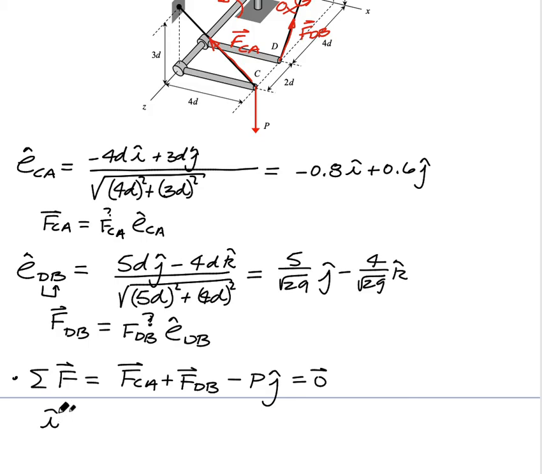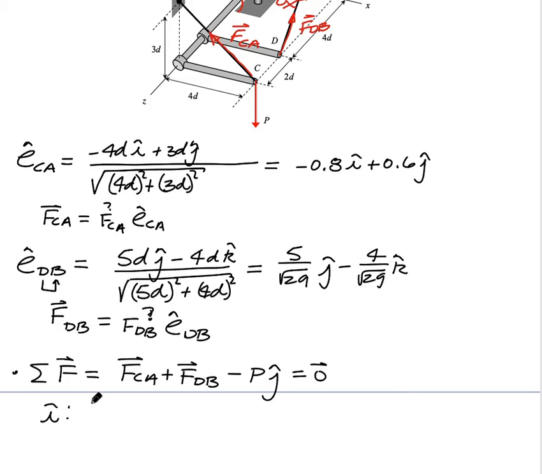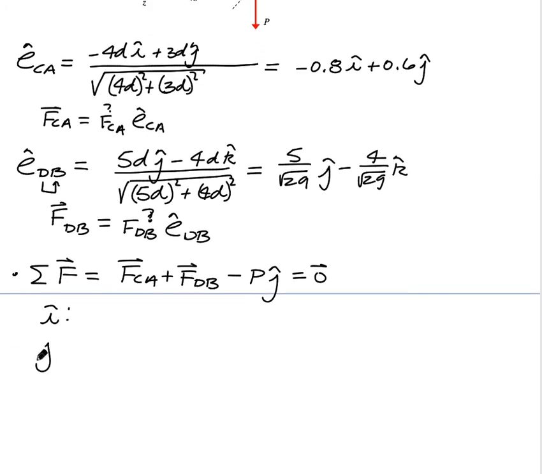So as I balance out my coefficients of I, J, and K, the X components are going to be minus 0.8 FCA and OX. It looks like I left off that. I need to add on the reactions there at O. That's OX I plus OZ K. And for equilibrium, that is a 0. That's my first equation.